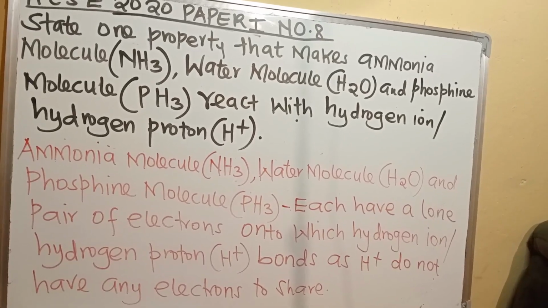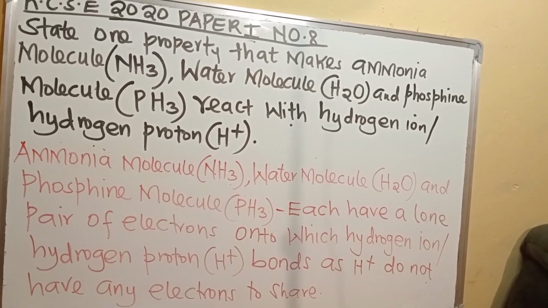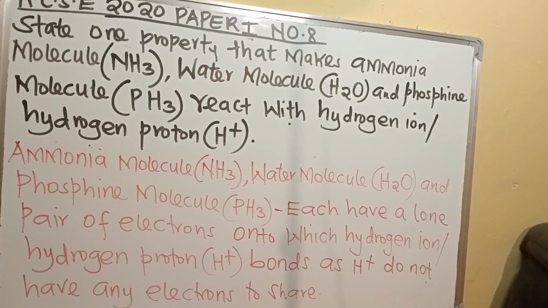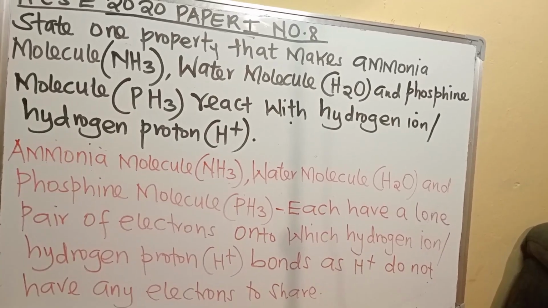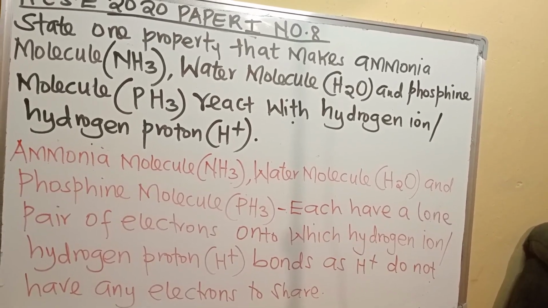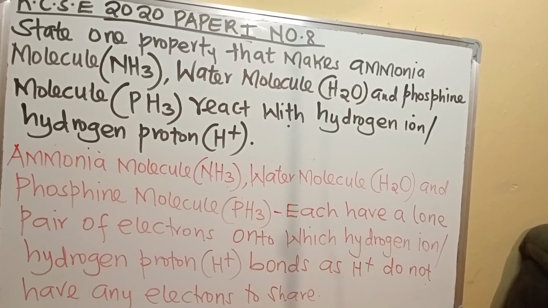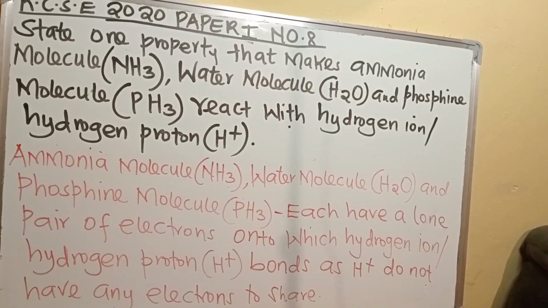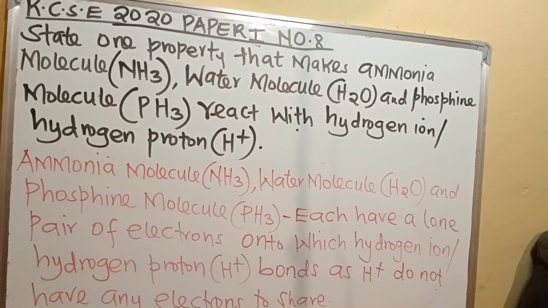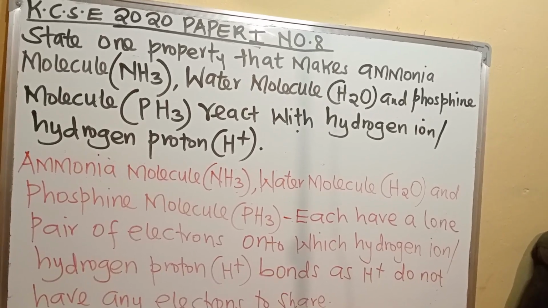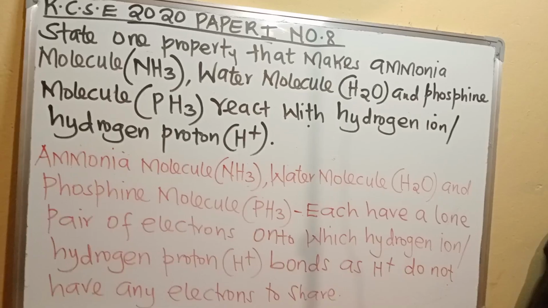Remember, hydrogen can either behave like a group 1 metal, and that time it will lose the only one electron that it has, and by so doing it will be left with only one proton in the nucleus, as it does not have even a neutron. When it reacts like a group 7 element, that time it will react by gaining one more electron to the one energy level that it has.